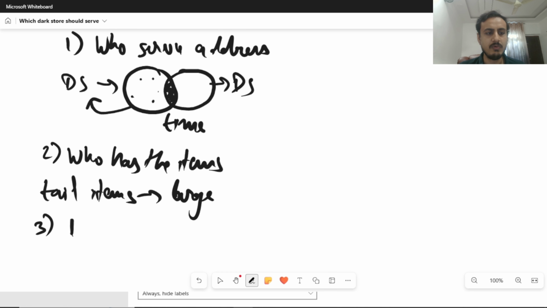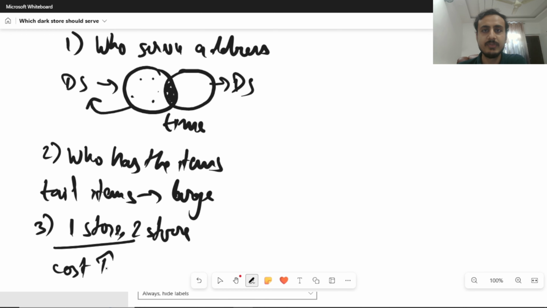Third is one store or 2 stores in such a scenario. So it is a possibility that we can split the items, and a closer dark store will cater to the particular address by delivering the maximum items, but then for few tail items the order can come from a different dark store. But in this scenario, your costing increases and you have to bear the costing as a quick commerce company.